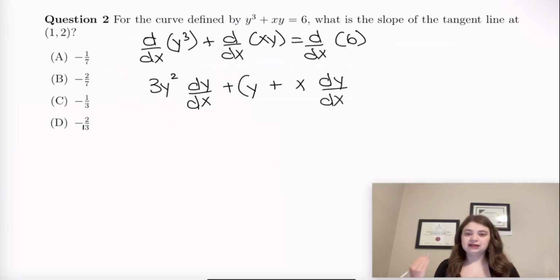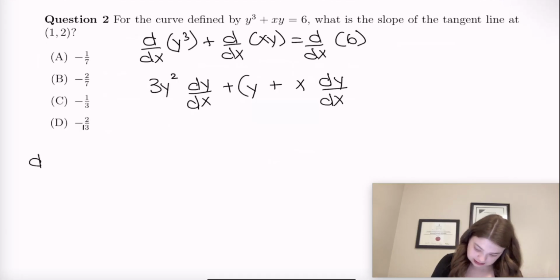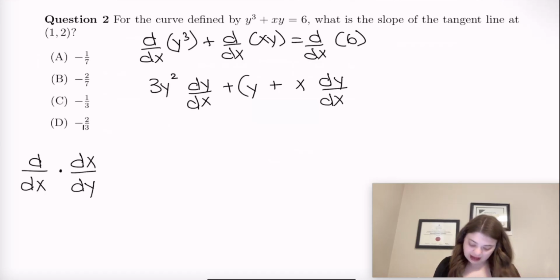And actually, I want to explain in a bit more detail why we are putting dy over dx. Originally, we're taking the derivative with respect to x, right? But if we have d over dx times dx over dy, then these would cancel and we get d over dy, the derivative with respect to y.